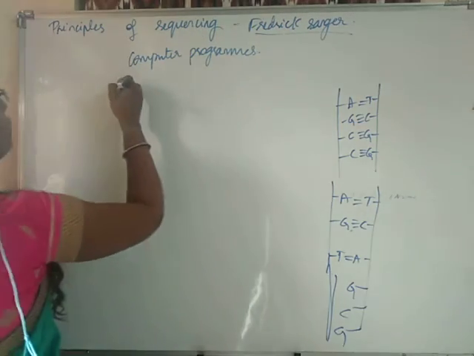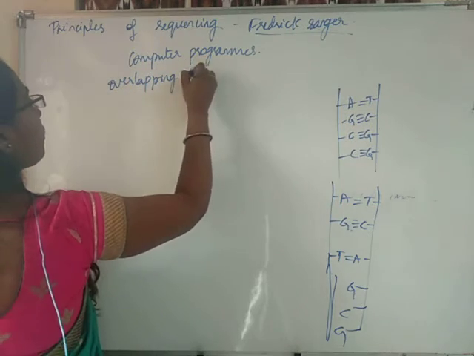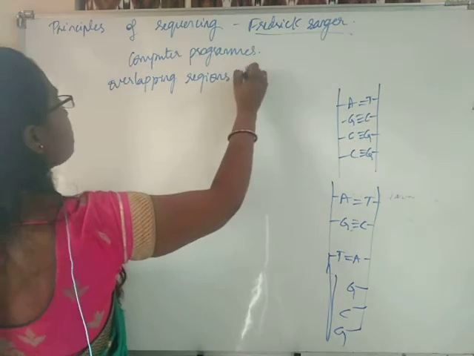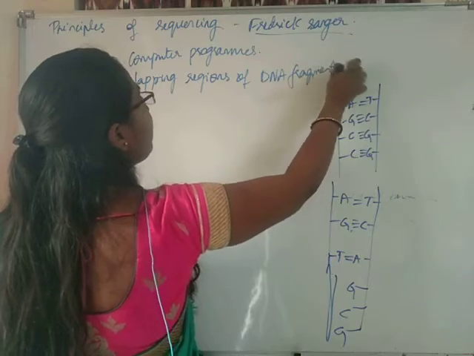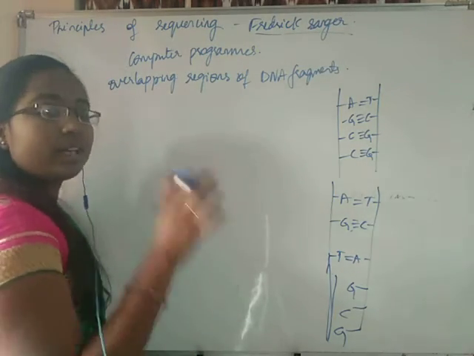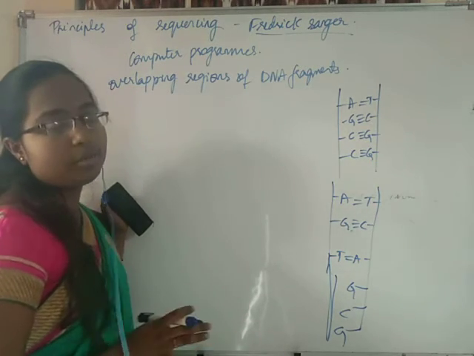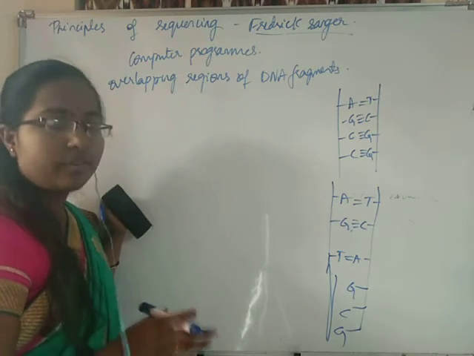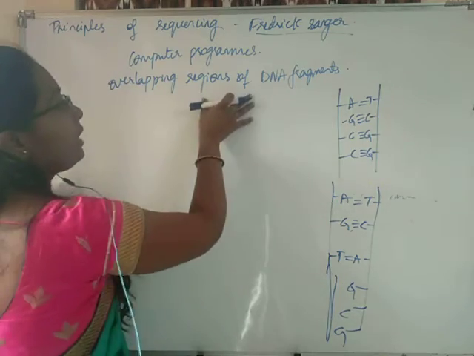So we are going to identify the overlapping regions of the DNA fragments. After identifying them, how do we sequence them? For sequencing the overlapping regions of the DNA fragments also, there were some computer based techniques developed by Frederick Sanger, which are helpful in identifying the sequence of these overlapping regions.